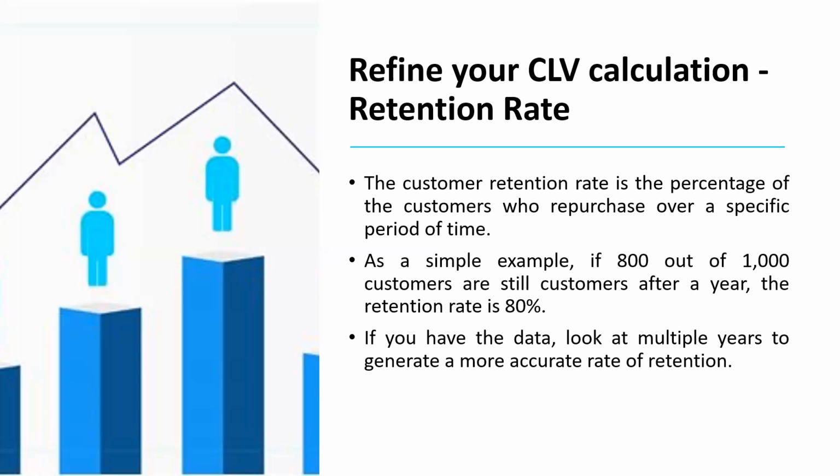Now this 80%, when I bring it across to my calculation, it is more realistic. I'm not looking at all 100% customers as my retained customers. I'm just considering the realistic number to a greater extent. So if you have the data, please look at your past historical data, do some calculations, and it is easy for you to get the retention rate when you look at multiple years of data. So that will give you a better, accurate piece of information which can be substituted in the formula.